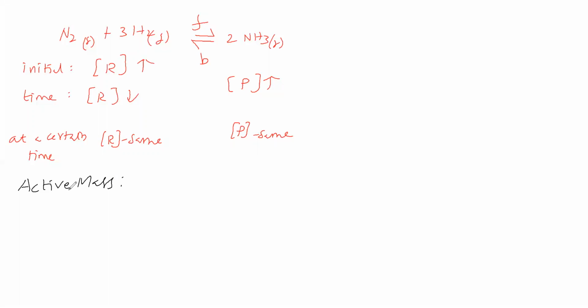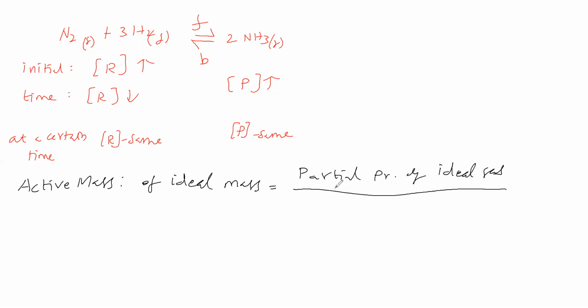Now, what is the active mass of an ideal gas? The active mass of an ideal gas is the partial pressure of the ideal gas divided by the standard state pressure.